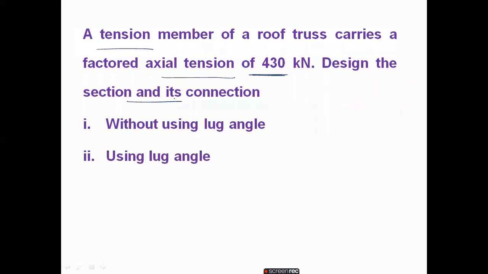Once again, I will read the problem: the axial tension is 430 kilonewton, and we have to design the section and its connection without using the lug angle as well as with using lug angles. Okay, we will solve our problem.